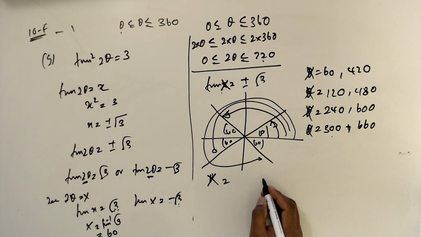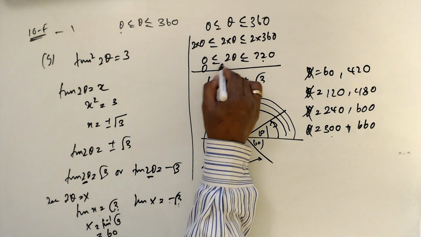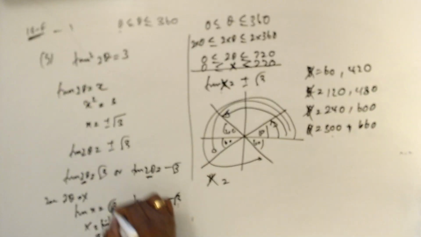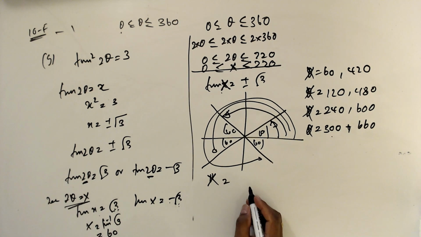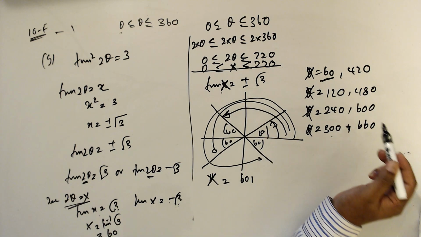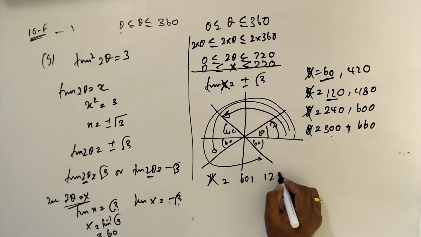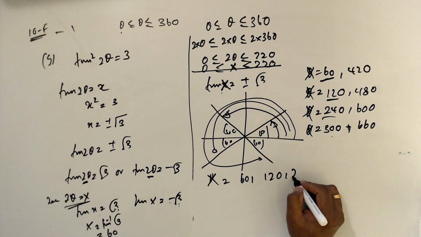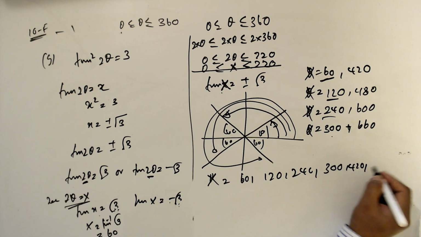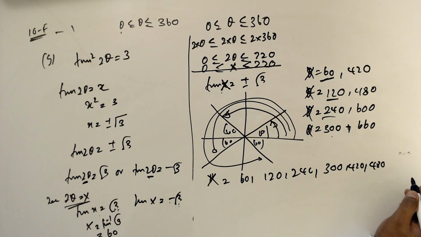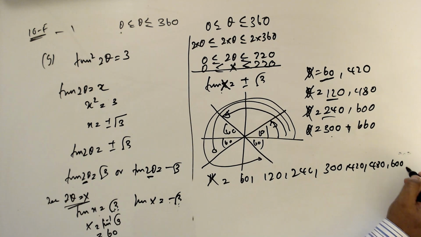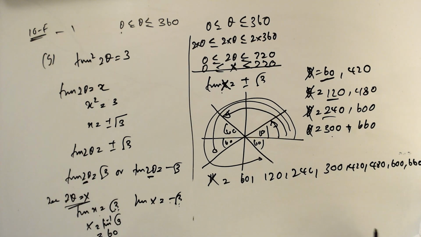X is between 0 and 720. 2 theta means X. After 60, what is the next one? 120, then 240, then 300, 420, 480, and then 600 and 660.